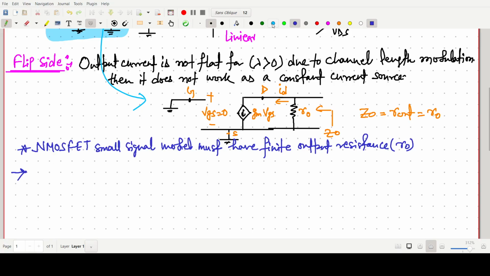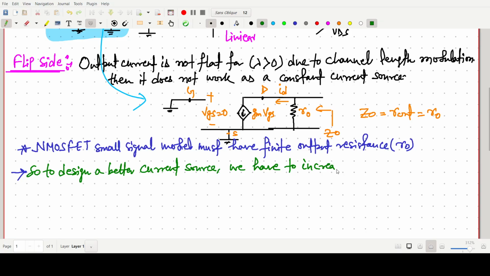So to design a better current source, we have to increase the output resistance of the particular circuit.